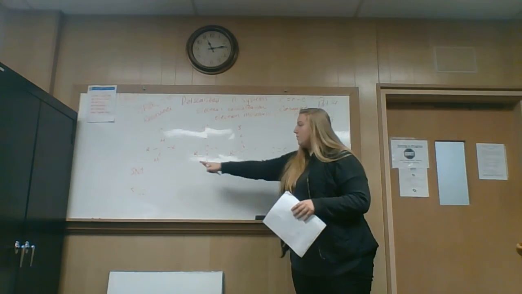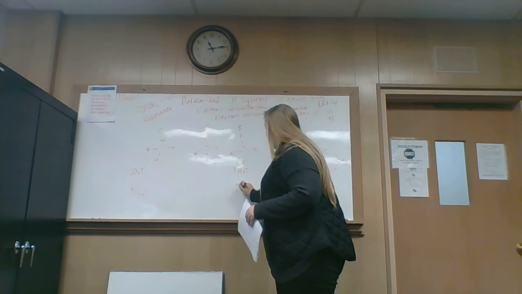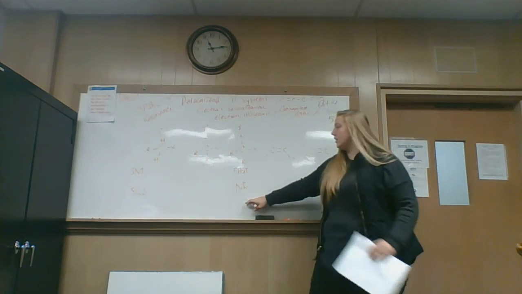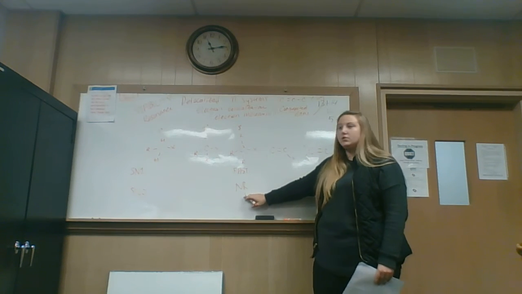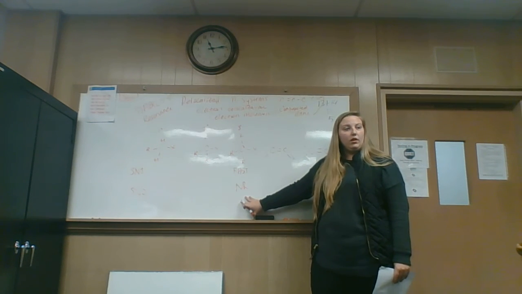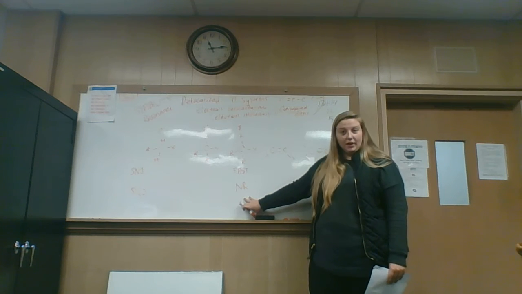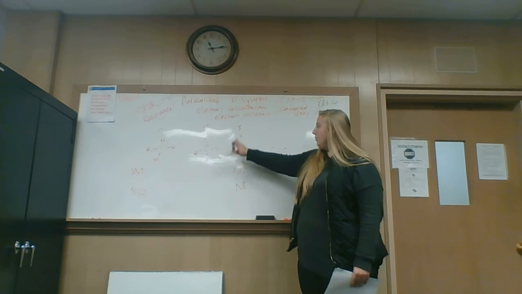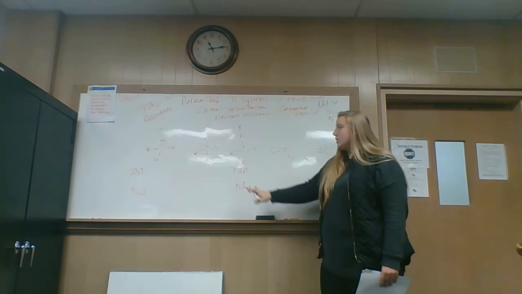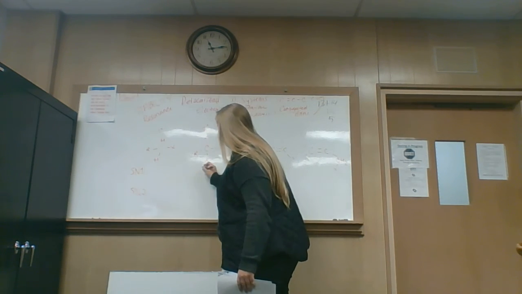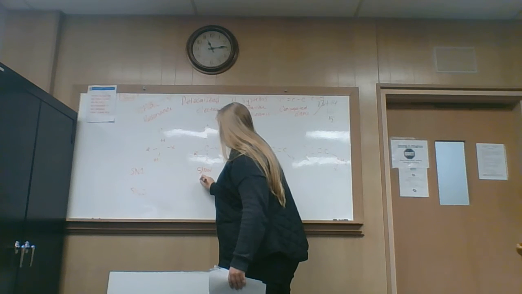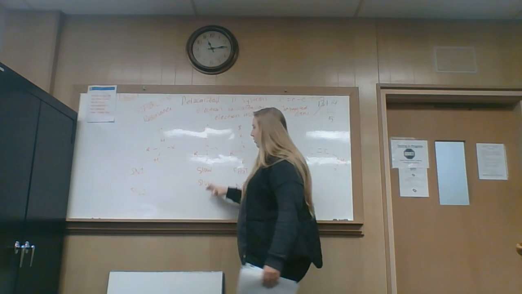So this reacts very fast in an SN1, but it doesn't react in an SN2 reaction. Why don't tertiary alkyl halides react in an SN2 reaction? Steric hindrance, okay? Too many big methyl groups. Steric hindrance slows everything down. A secondary will react in both of these, but it'll be very slow.